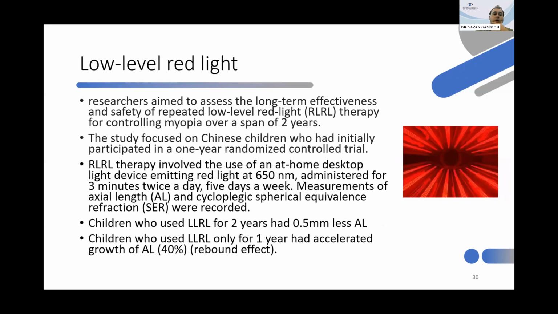Okay. Another study also focused on Chinese children, and they asked them to use an at-home desktop light device emitting red light at around 650 nanometer, twice daily, 3 minutes for 5 days a week. They had half a millimeter less axial elongation.